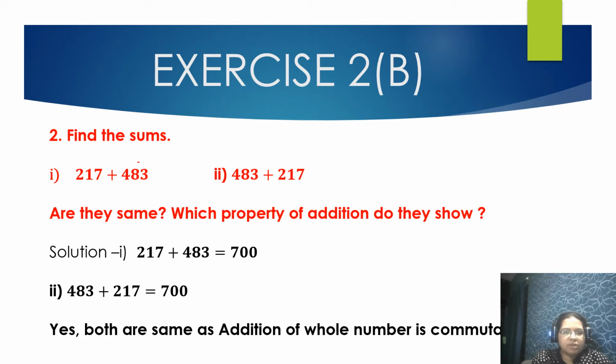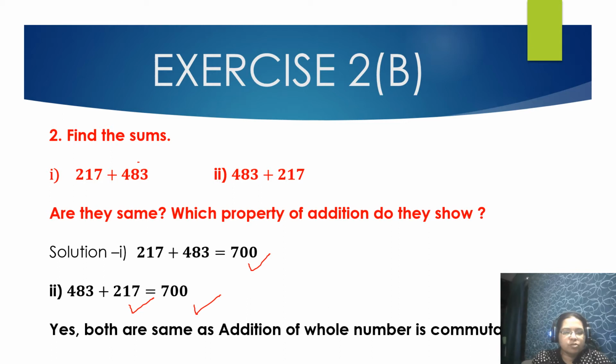First bit is 217 plus 483. When we add the two numbers 217 and 483, we get the number 700. And second bit is 483 plus 217. When we add the numbers 483 and 217, we get the number 700.